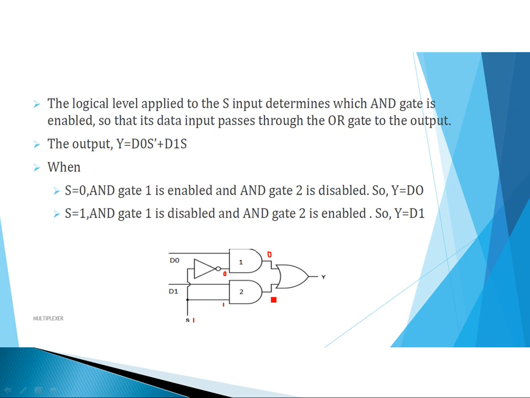So now the output of this AND gate is decided by the d1 input. If d1 is 0, the output of this AND gate is 0. If d1 is 1, the output of this AND gate becomes 1, and the output y equals 1. That means now the d1 input is selected. So this is how the inputs will be selected depending on the select line.